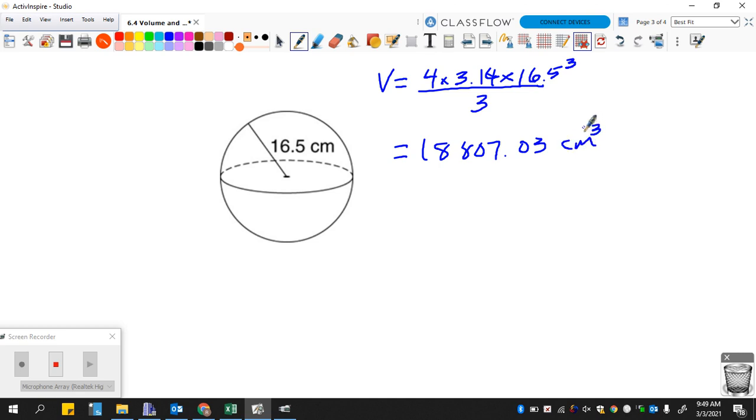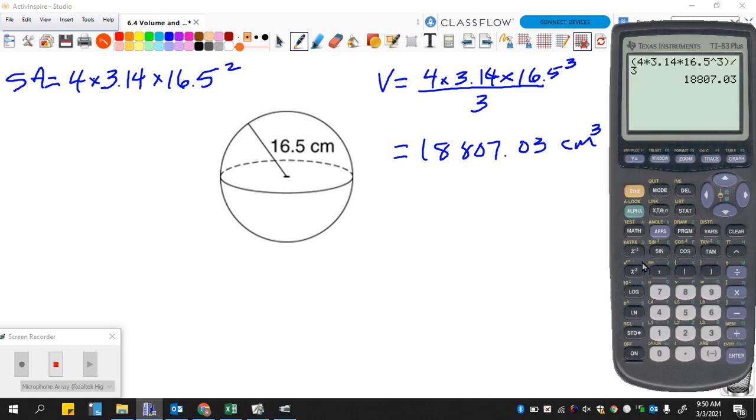Okay, and if we're talking about surface area, remember it's just 4 times pi times the radius squared, and this time it's 16.5 squared. All right, when we plug that into the calculator, we end up with 4 times 3.14 times 16.5 squared.